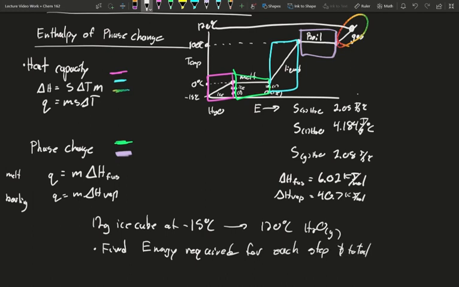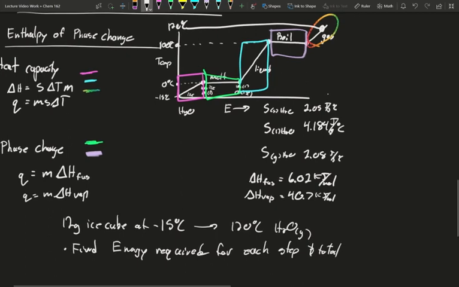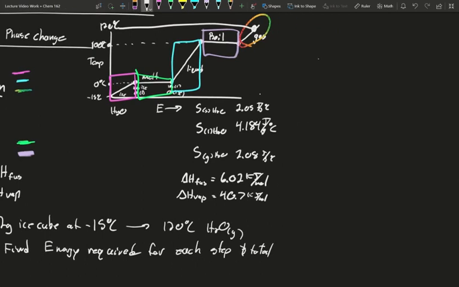Because we have to do this in parts, we're going to need a couple calculations. First off, we're going to have one that is a solid going to a solid, from minus 15 degrees up to 0 degrees. We're then going to have 0 degree solid going to 0 degree liquid. This will be our melting step.